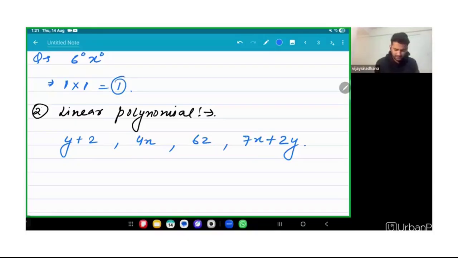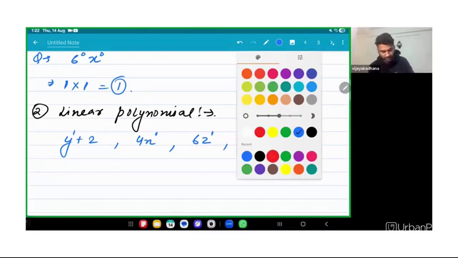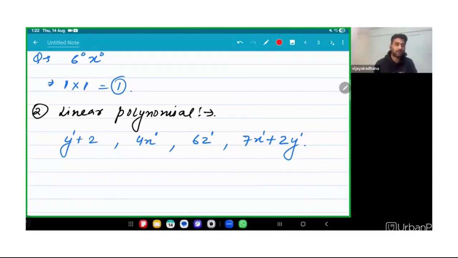In these, you won't see any power at the variable; there is a power of 1 at x, a power of 1 at z. It is known as the linear polynomial, where the variable has the power of 1.